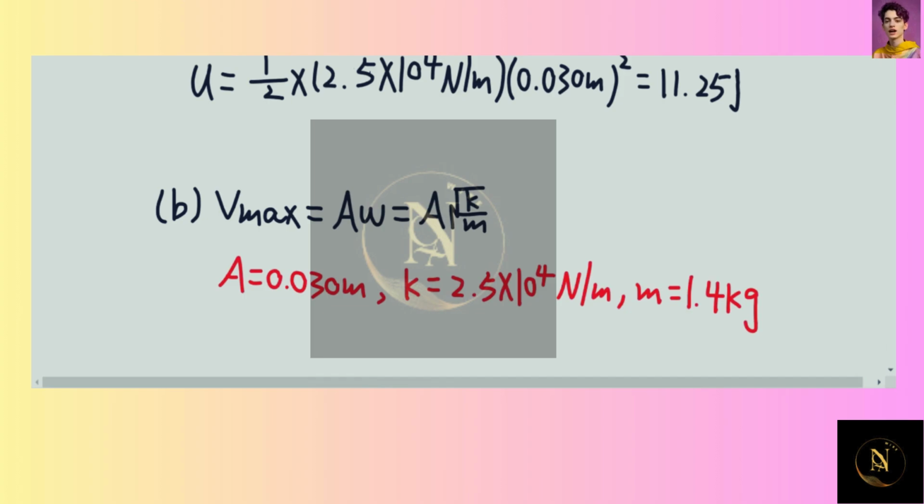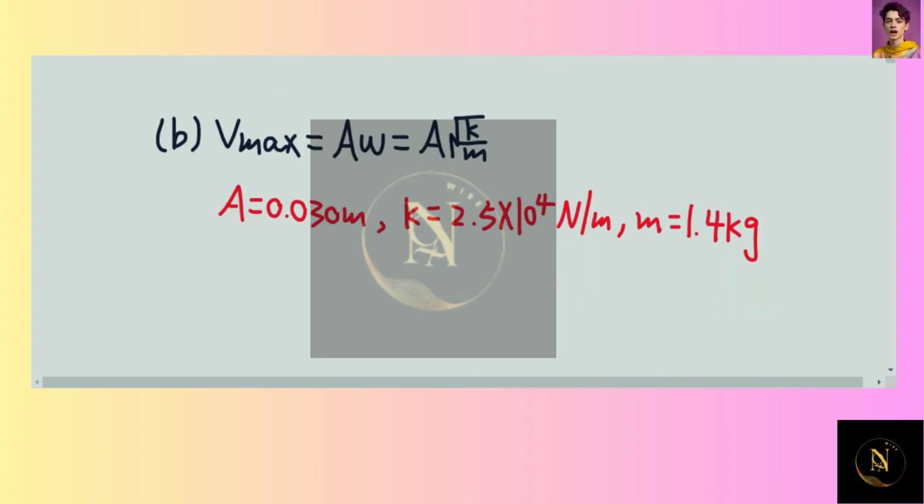Well, that maximum speed is equal to A omega. Omega is angular frequency. And omega can also be equal to square root k over m, which is the square root of the spring constant over the mass. So we know the mass of the object is 1.4 kilograms.